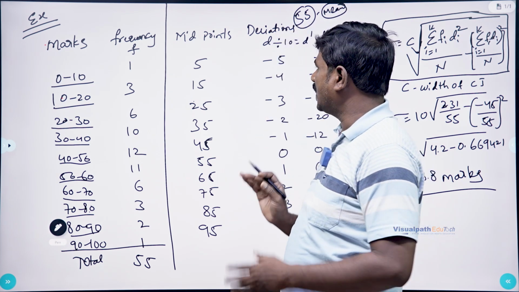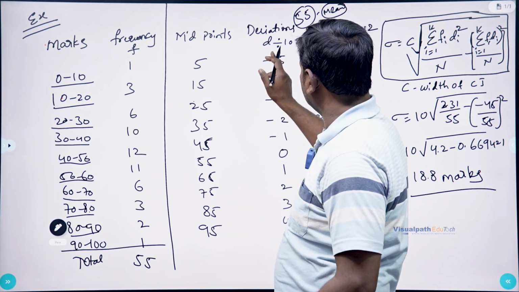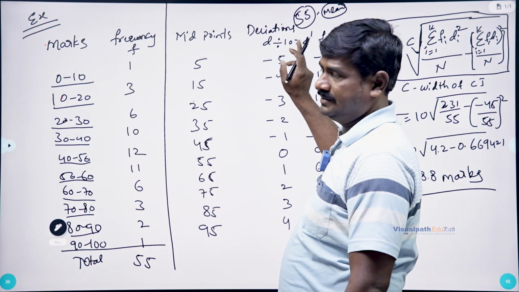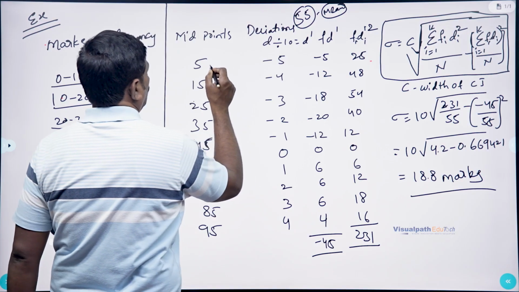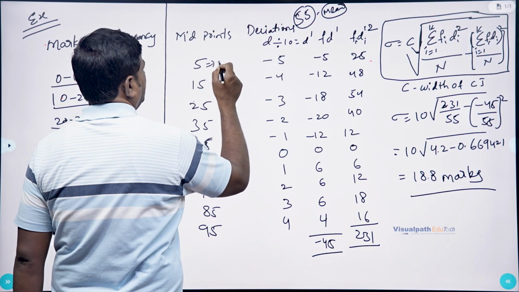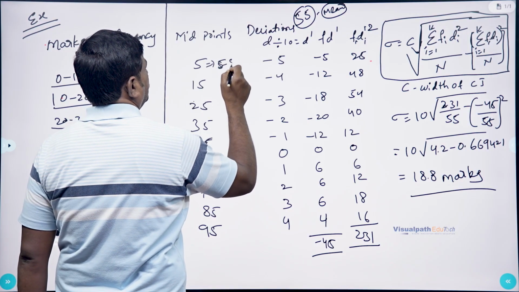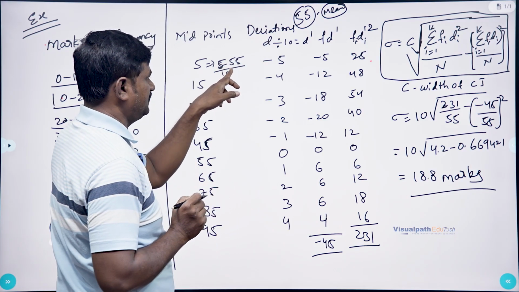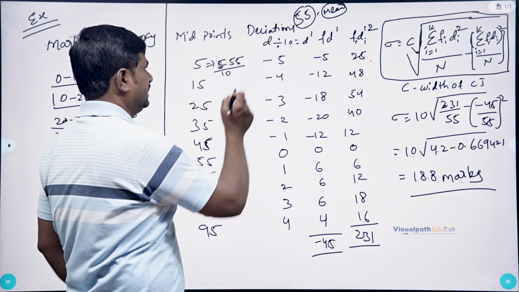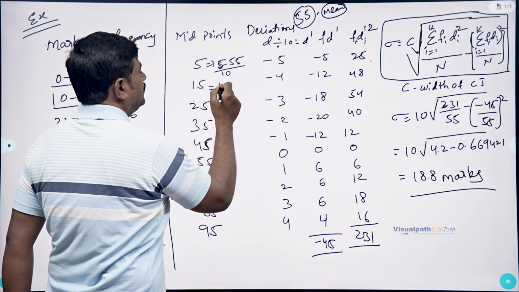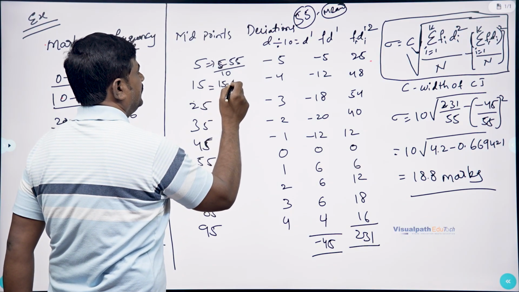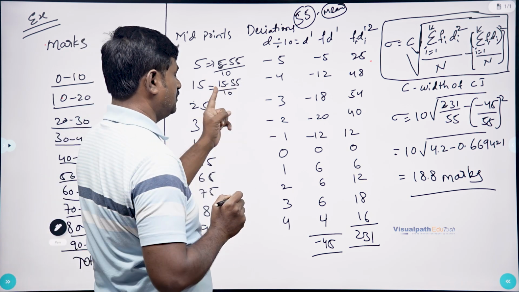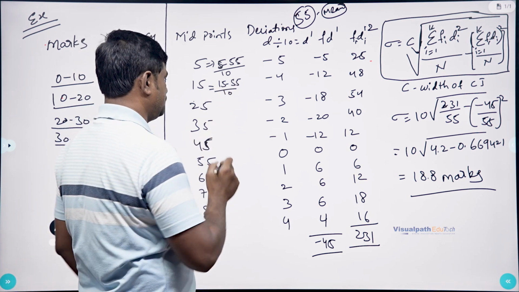For that purpose, we calculate the deviation, that is, the midpoint minus 55, divided by 10. So 5 minus 55, that is minus 50 by 10, that is minus 5. Similarly, 15 minus 55 is minus 40 by 10, minus 4.